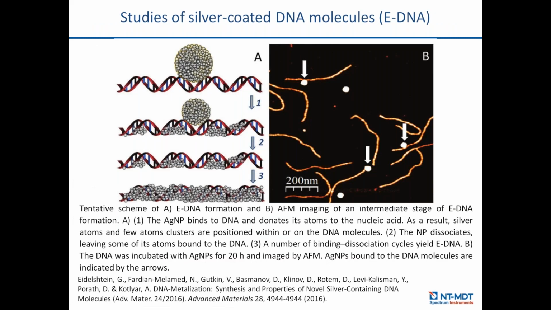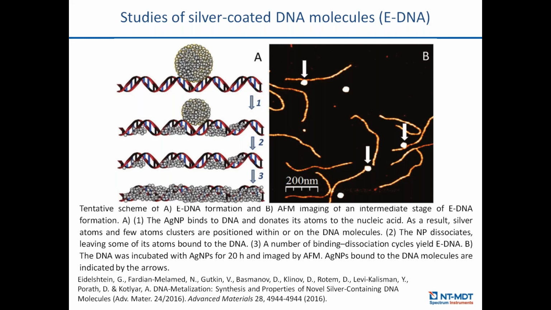In another work, a group from Israel was studying DNA. They studied the morphology of these molecules to verify the process of synthesis, and they were trying to use these DNA molecules as a framework for one-dimensional conductors.